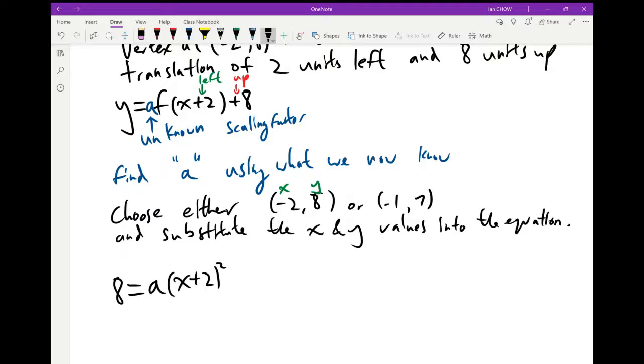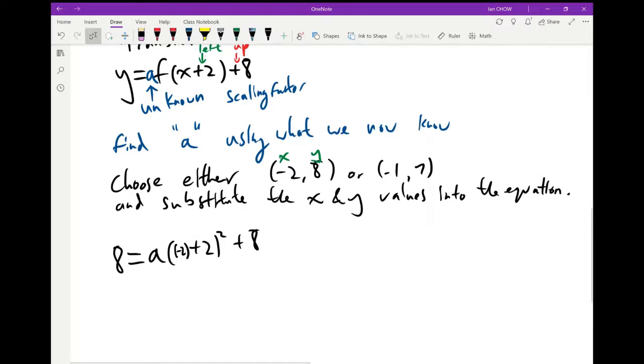I'm going to replace my x with -2 now. And then you will notice that this actually doesn't really work, because -2 plus 2 is 0, so 8 equals a times 0 plus 8, so 8 equals 8.